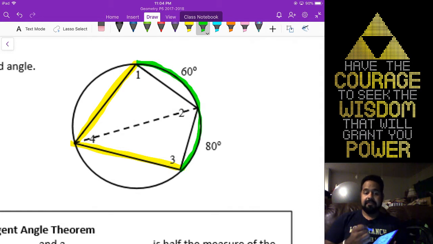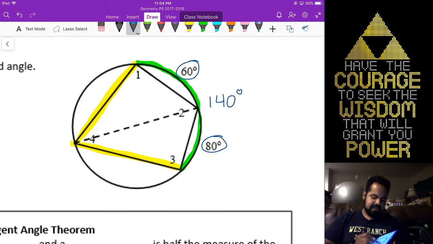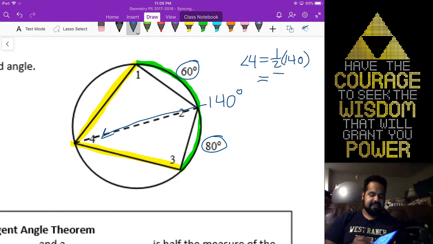So to find angle 4, I need to take 60 degrees plus 80 degrees to give me 140 degrees. I'm going outside in, so that means angle 4 is going to equal 1/2 of 140. So that's going to give us 70 degrees.